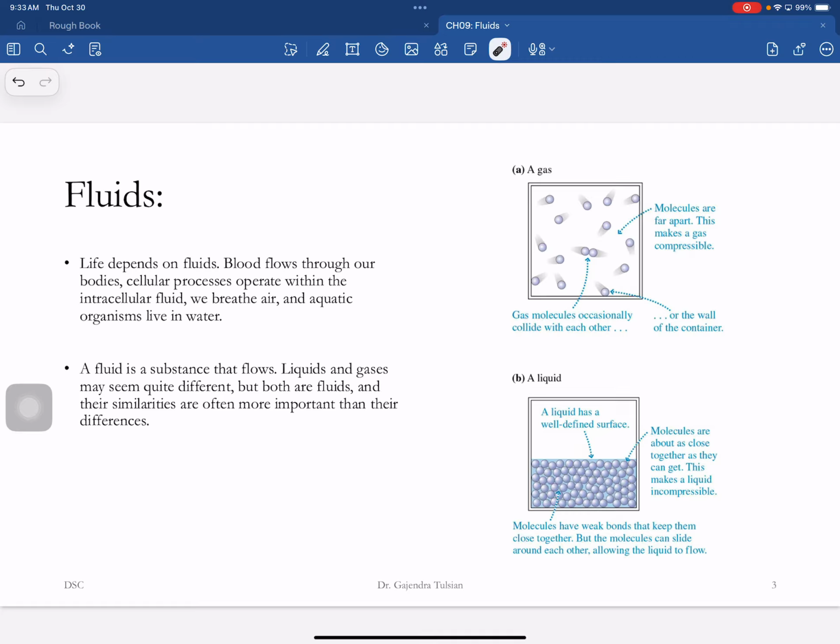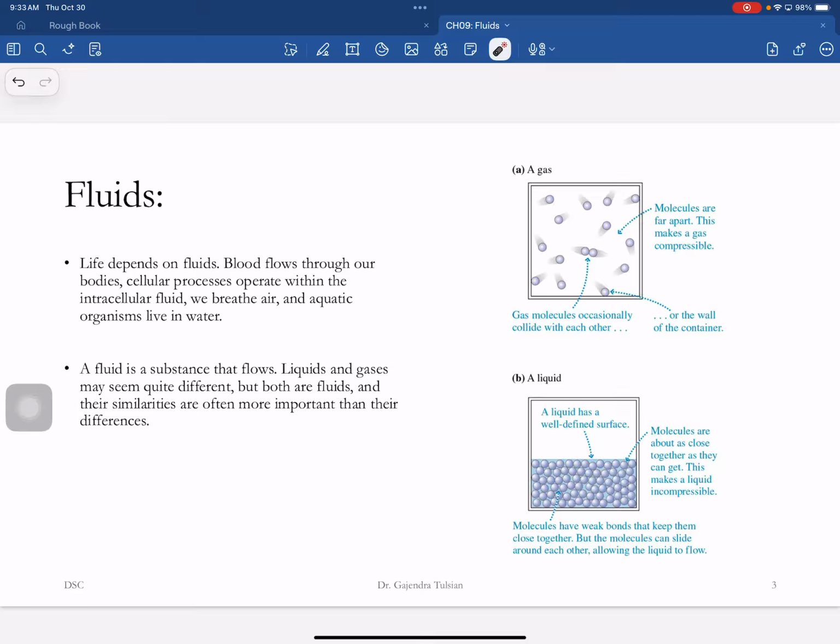So they have plenty of space to move around freely. They can speed up, and two gas molecules will collide after traveling about the width of this room.